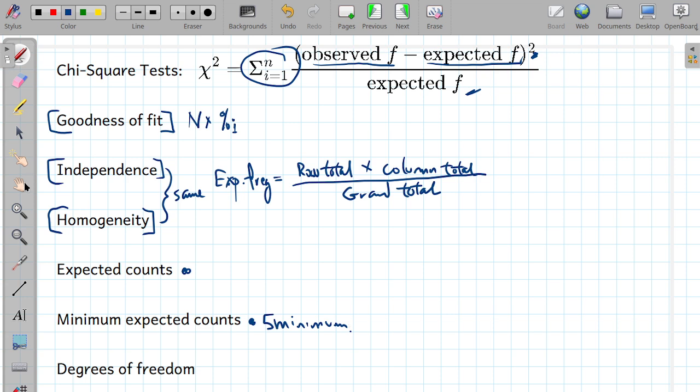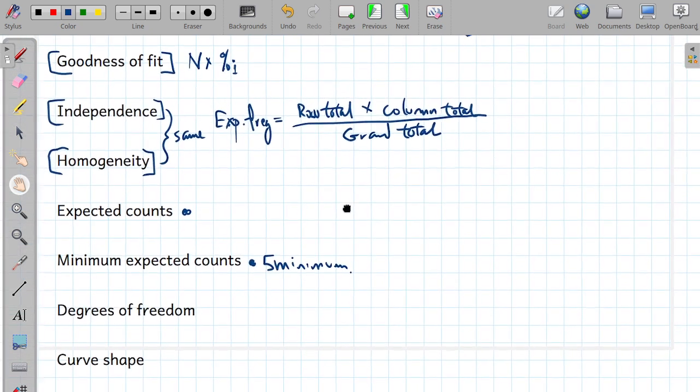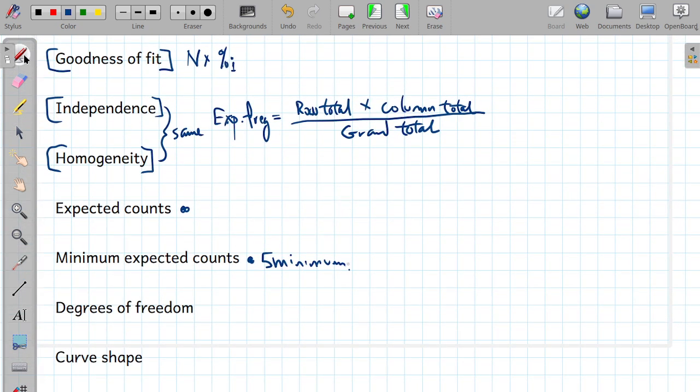Now, let's look at this degrees of freedom thing. Okay, degrees of freedom. DF, for goodness of fit, is the number of categories, or columns usually, minus 1. Degrees of freedom for the independence test and the homogeneity test will be a bit more complicated, not terribly so.